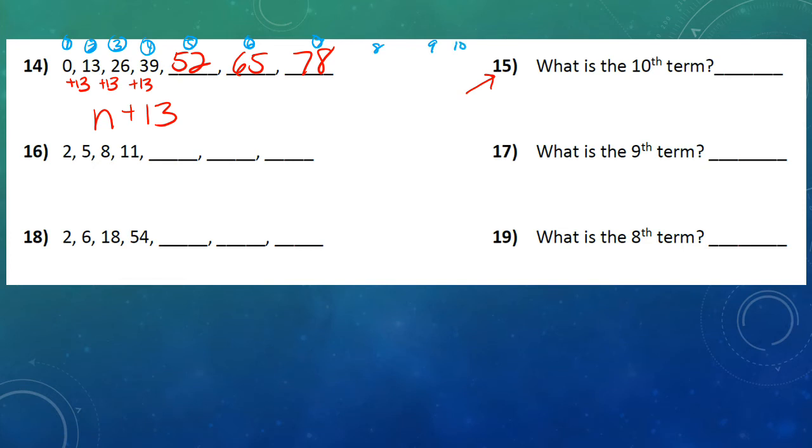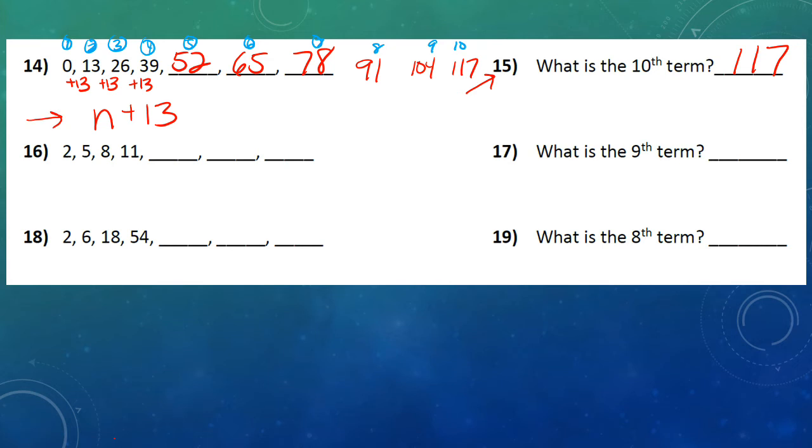So 78 plus 13 again gives us 91. 91 plus 13 gives us 104. And 104 plus 13 gives us a grand total of 117. So our 10th term in the sequence would be 117 if we kept going with the rule n plus 13.